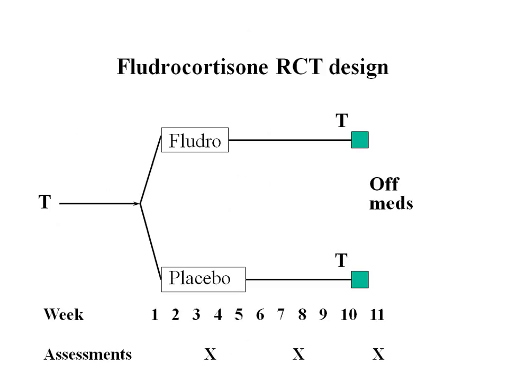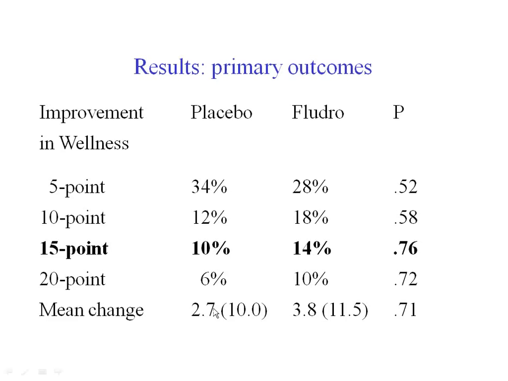When we did a Florinef randomized trial where we took people who had a positive tilt test and randomized them to Florinef or placebo, kept them on treatment for 10 weeks and brought them in for a repeat tilt test, what we found was that it didn't work anywhere near as well as we thought. The difference between the placebo group and the Florinef group was only 4%, and that was not statistically significant.